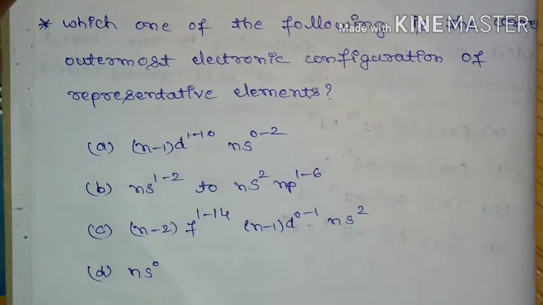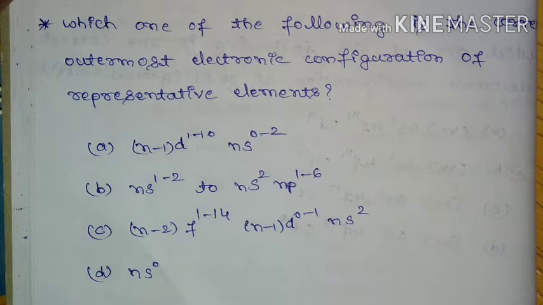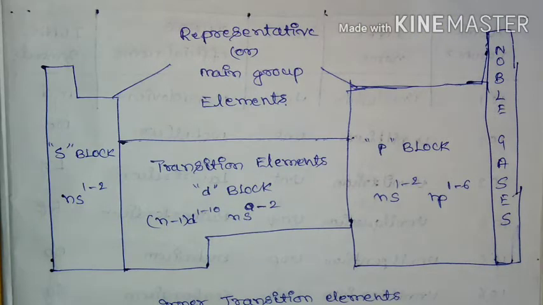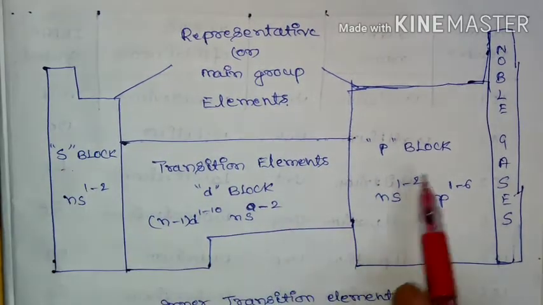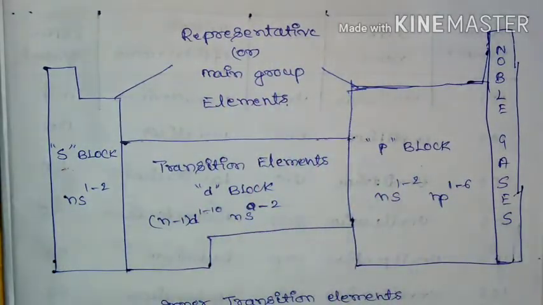Next question. Which one of the following is the correct outermost electronic configuration of representative elements? So what they asked is the general electronic configuration for representative element. So here is the complete block diagram of a periodic table. So here, if you come for s block and p block, combinedly they are called representative or main group element.